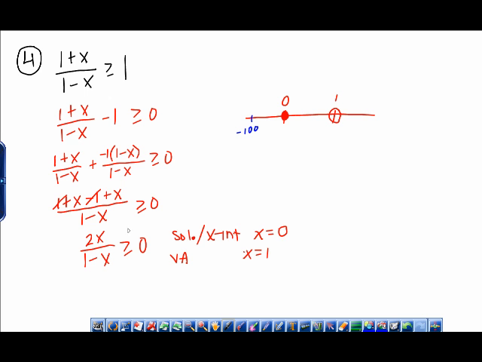I don't really care what the numbers turn out to be. I just care if it's true or false. You can either test the original problem or the new problem. I'm going to go ahead and use this one. If I plug in negative 100, I get a negative on top, and a negative on the bottom. That's going to lead to a positive number.